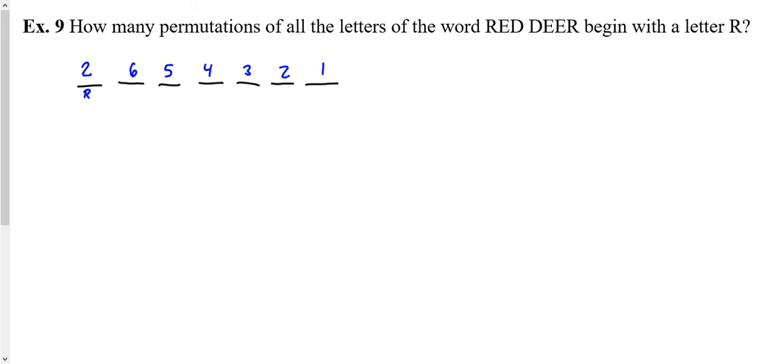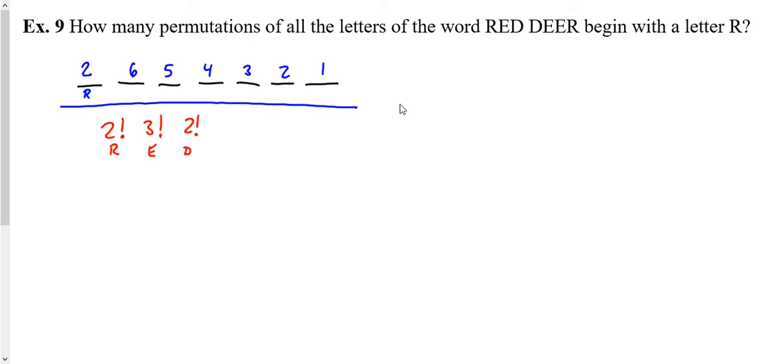From here, from our FCP, I'm going to divide off all my repetition. Well, what's being repeated? We had 2 R's, so that's 2 factorial, and that one represents your R's. I see 3 E's, so it's going to be 3 factorial for your E's, and I see 2 D's, so 2 factorial, and that would represent your D's.